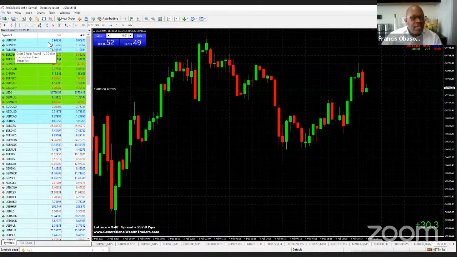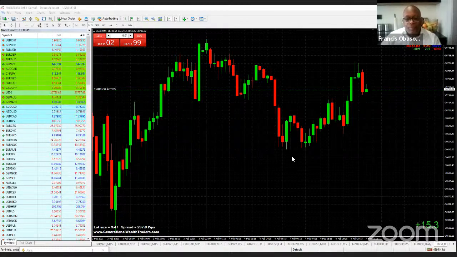So the difference between the bid and the ask is what we call the spread. Now, like I say, we won't be going into details with that today because we could be here for longer than we plan to. Let's just focus on working out the difference between pips and points. Okay.